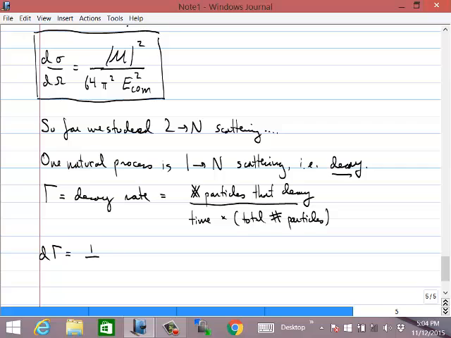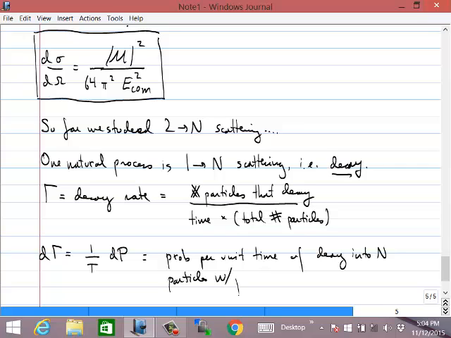So this is going to be similarly proportional to dp, where p is the probability, which we evaluate per unit time, of a decay into n particles with some particular final momenta, that we could call p_i.